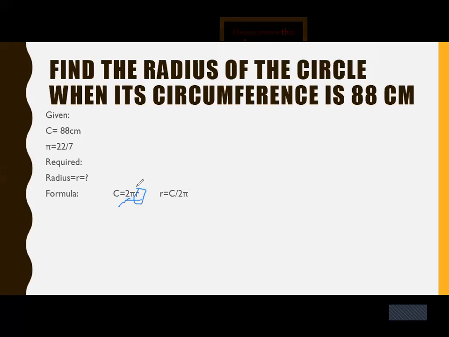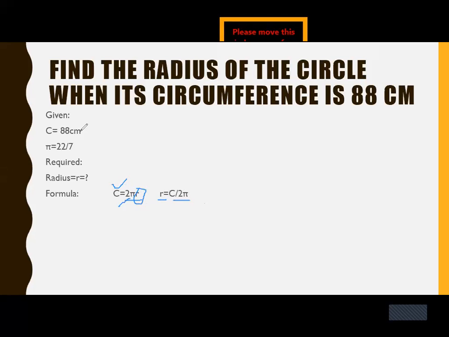Why are we doing this? Because we have to find the value of r, not the value of c. So the equation becomes r is equal to c upon 2 pi.